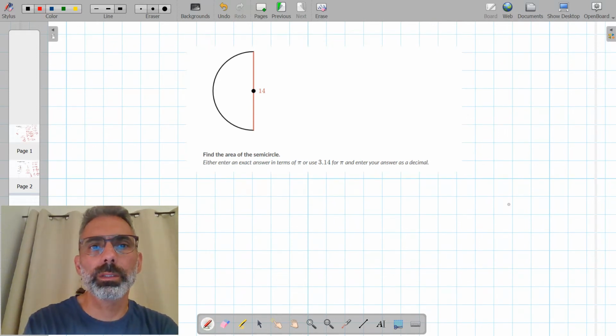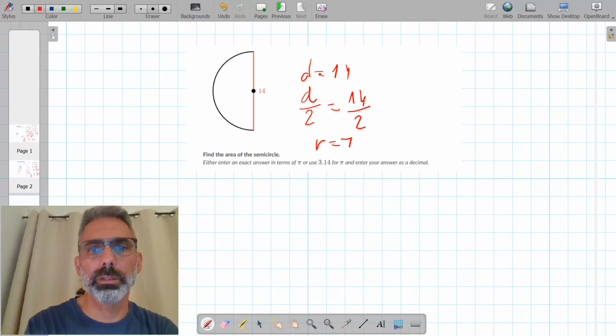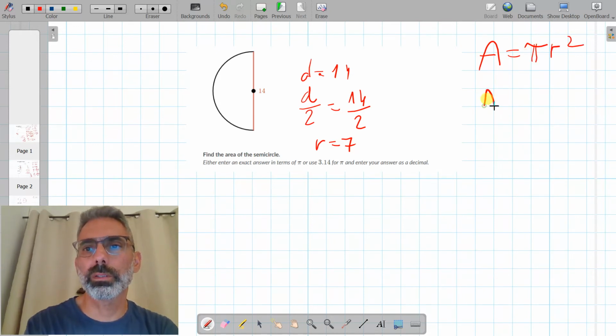So the radius is half the diameter. So if the diameter is 14, the radius is half the diameter, which means that the radius is 7. And since the entire area of this circle is pi r squared, it means that the entire area is pi 7 squared.